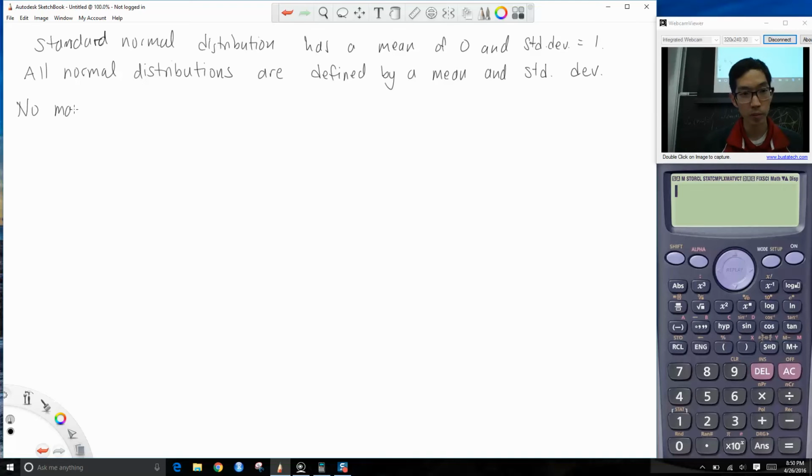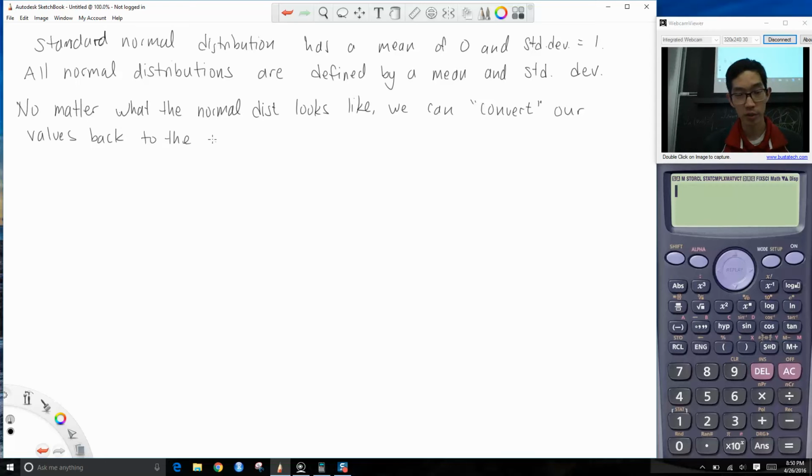So no matter what the normal distribution looks like, we can quote-unquote convert our values back to the standard normal through the use of z-scores. Okay.